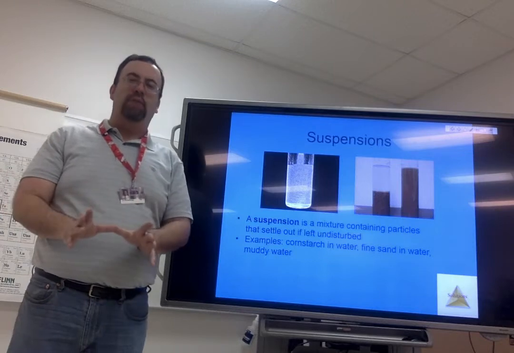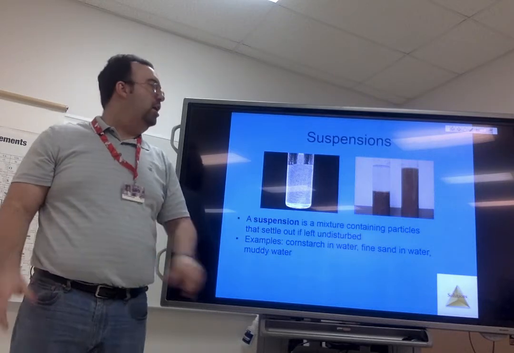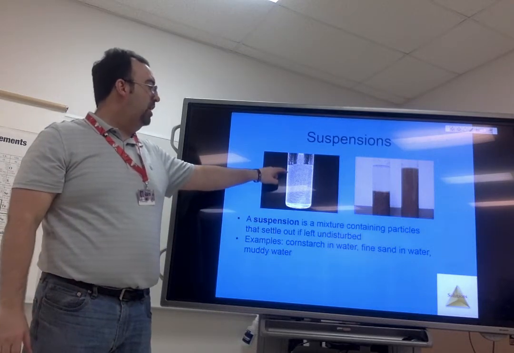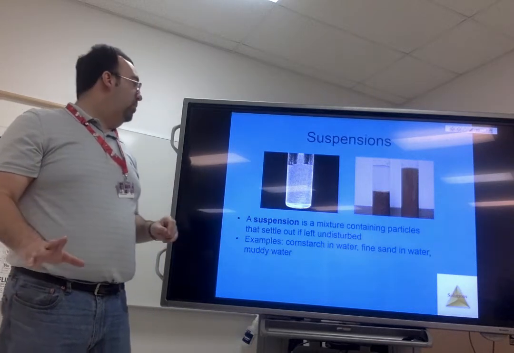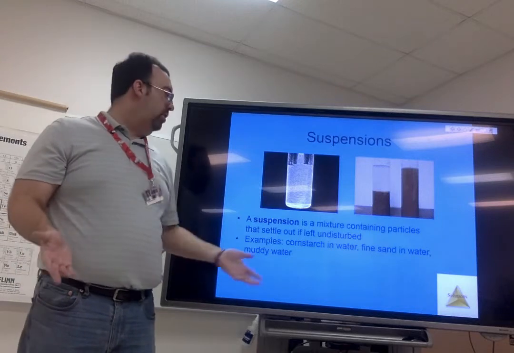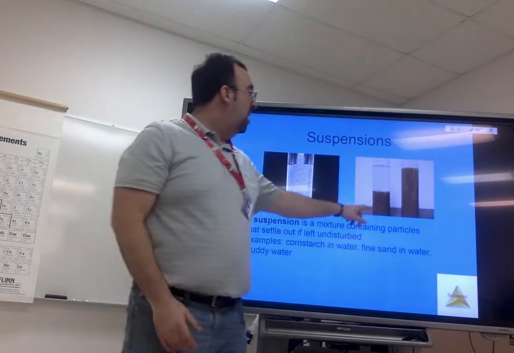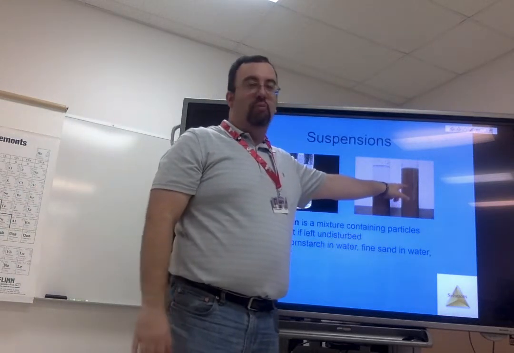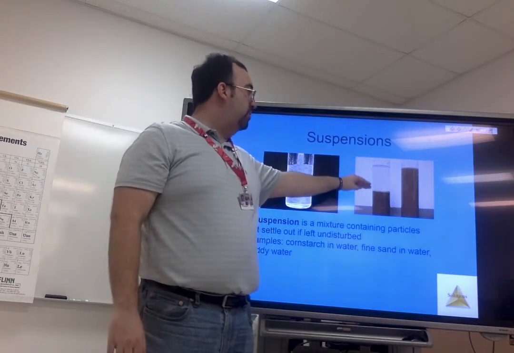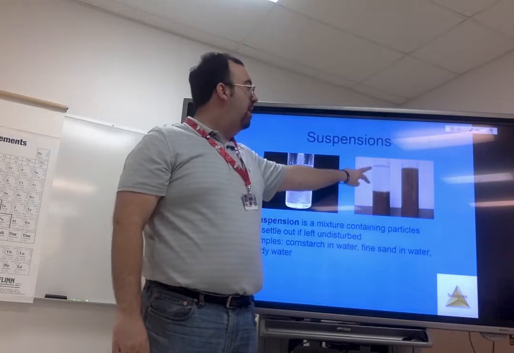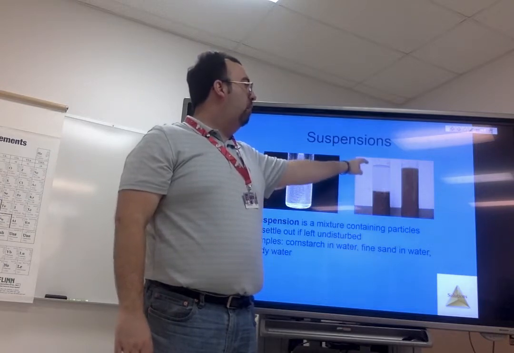If we go away for some time and come back later on, we'll see that the cornstarch has separated itself out from the water. We can also look at sand and water, muddy water, and so we can see this would be our before picture, and then if we have some time, we'll see that the heavier sand will fall toward the bottom, and so we have the liquid water at the top.